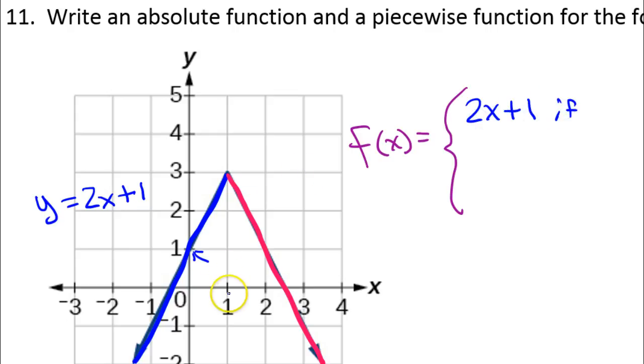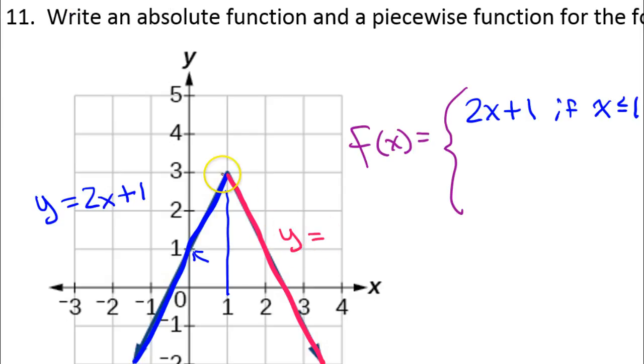Now look and see that the axis of symmetry is at 1. So to the left of 1, it's blue. To the right of 1, it's pink. So since the blue part is to the left of 1, we'll say if x is less than or equal to 1.